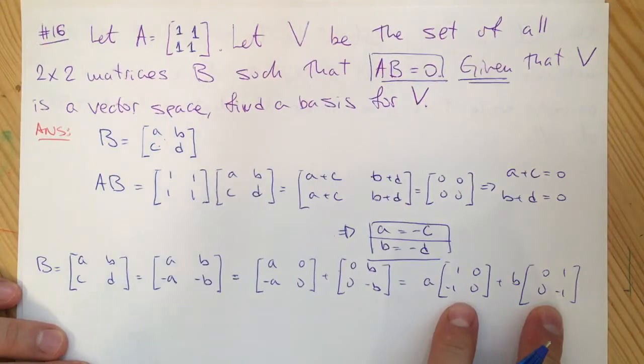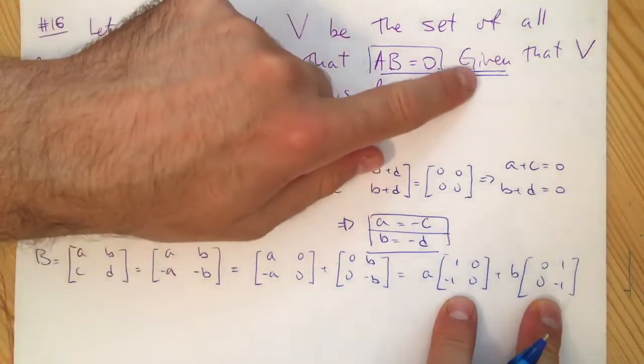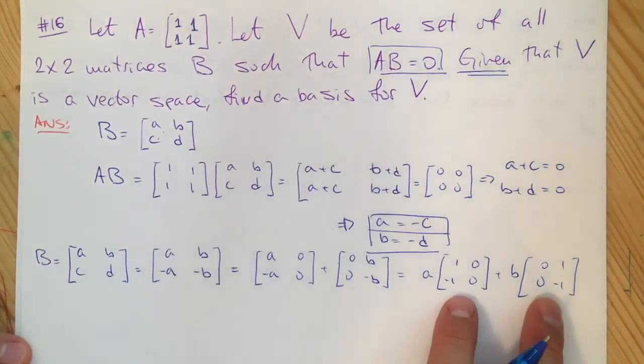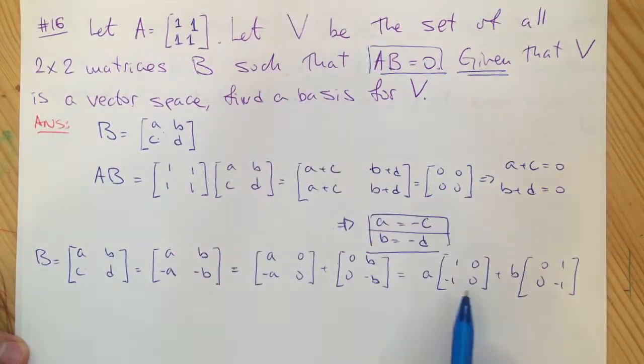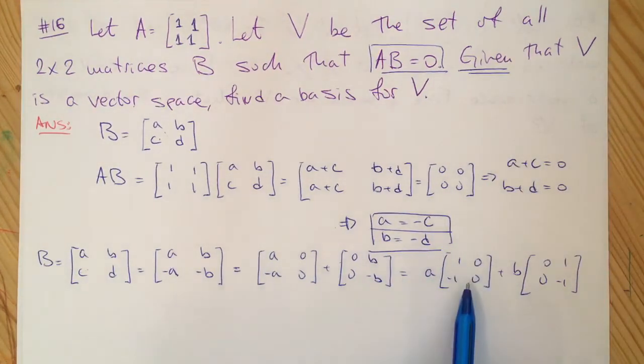These two are matrices, but in this vector space, in this context, they are vectors. These two vectors are independent. And obviously, any vector from this vector space V can be expressed as a linear combination of these quote-unquote vectors, right? These two matrices. That means that these two matrices span the vector space V, and moreover, they're independent.